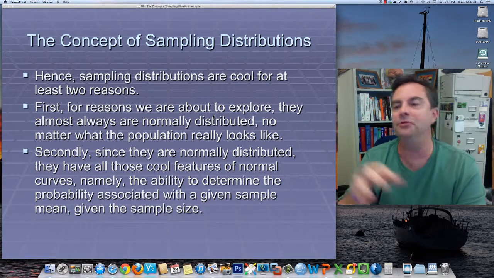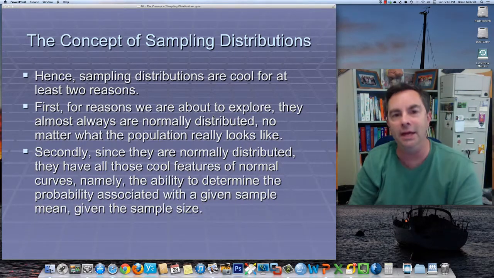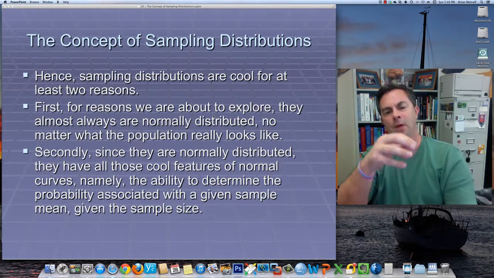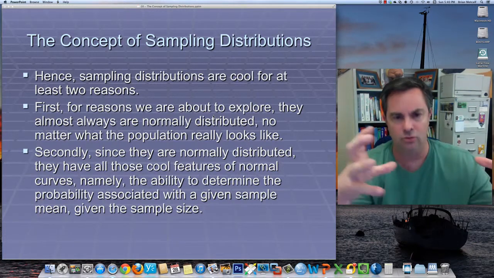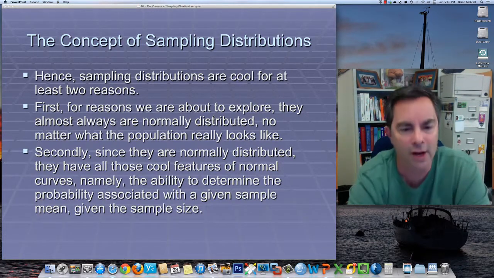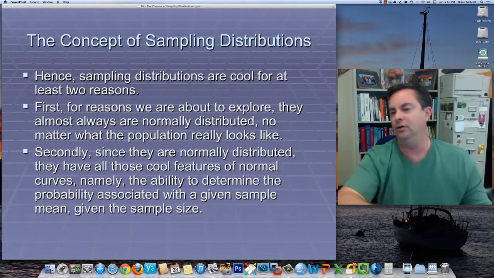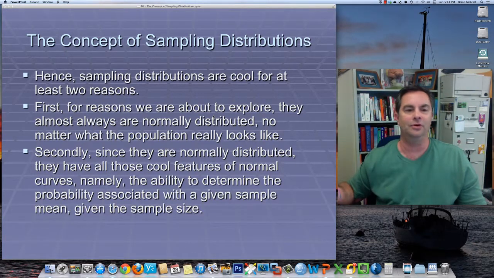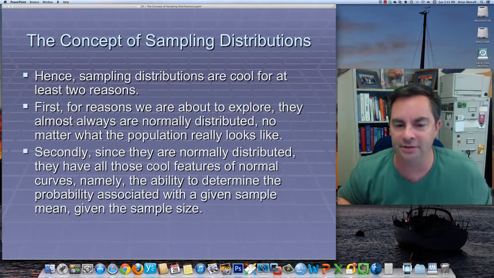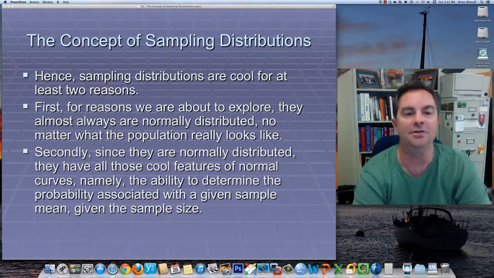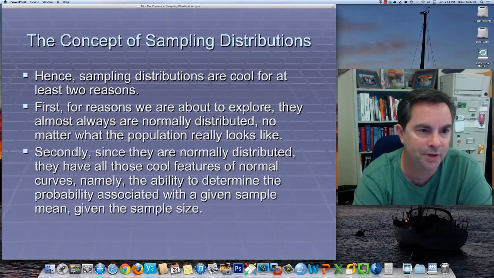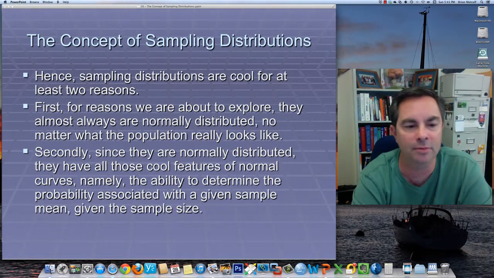What if you had a sample of 20 people with an IQ mean of 110? What percentile is that group of 20 relative to their sampling distribution? Use the z-score table and z-score formula, and boom, you'll have that answer. That is magic. And that allows us to make decisions about likelihood, about probability.